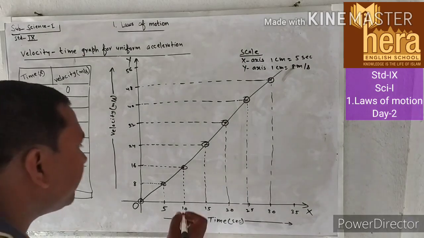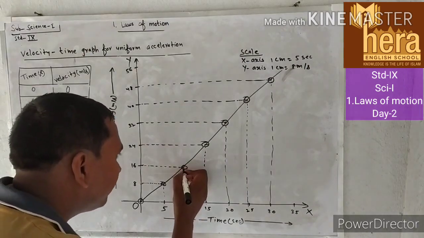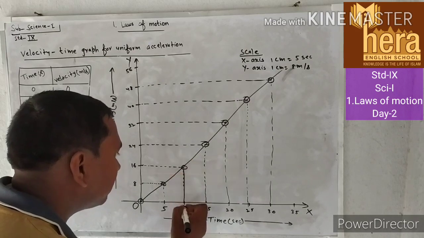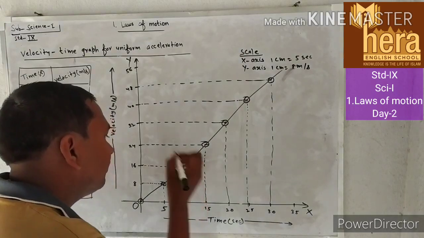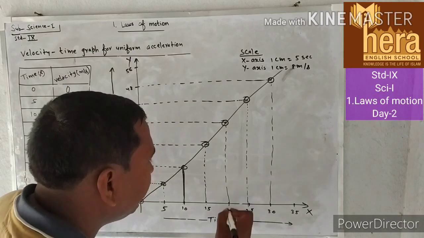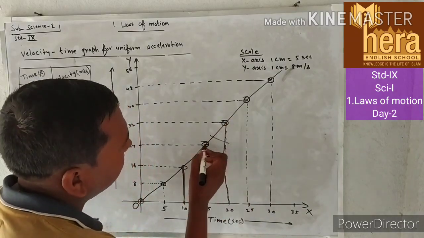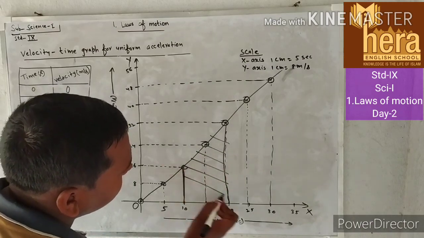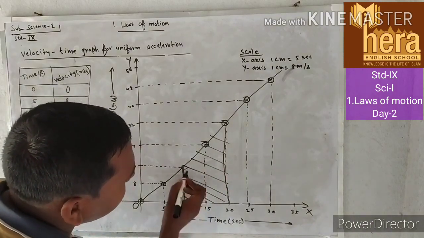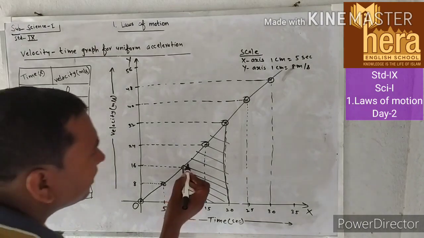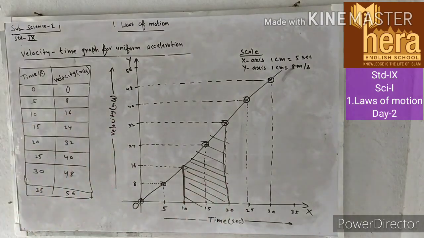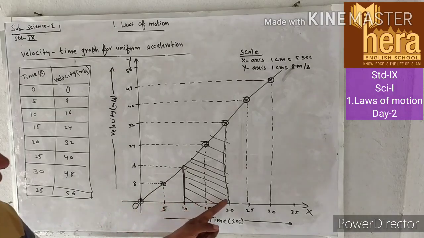It means we have to find the respective area. This area. Draw the perpendicular from 10 and 20. So this is the required area. If you find this area, you will find the distance traveled by the car between 10 and 20 seconds.